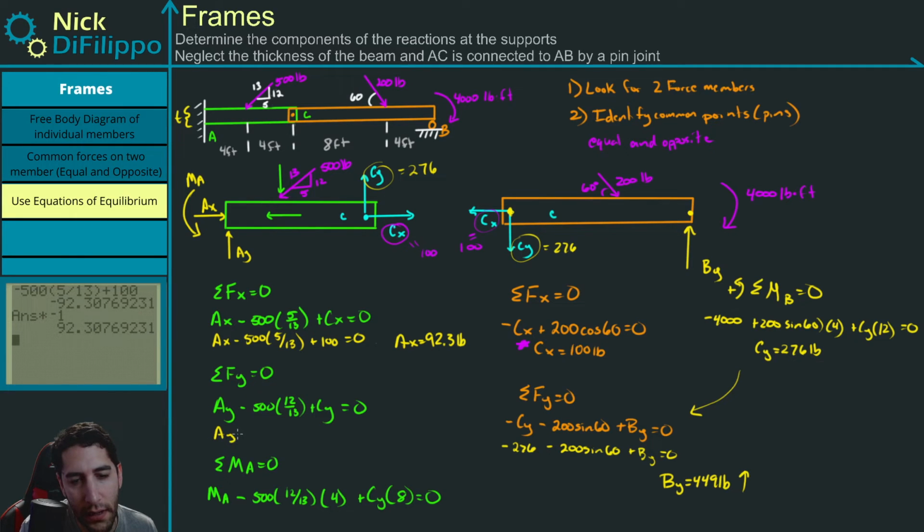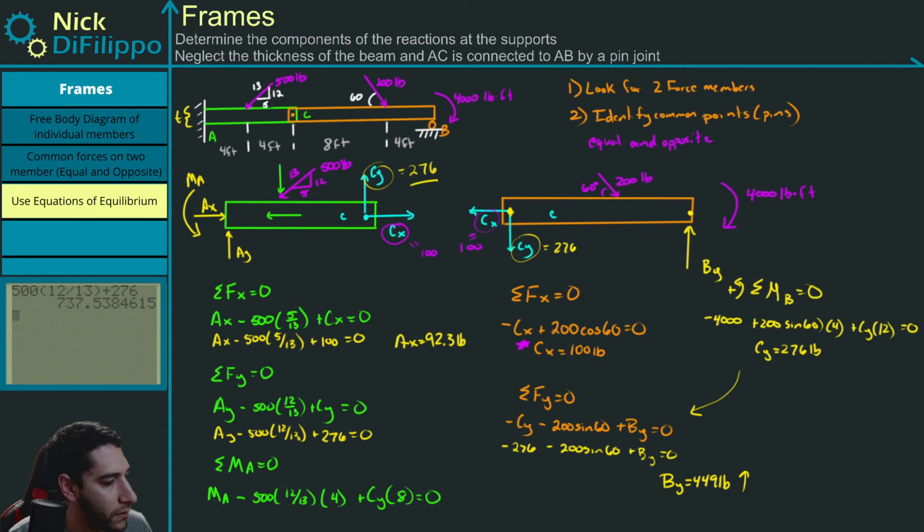So AY is going to be this minus 500 times 12 over 13 plus what's AY? 276. That's equal to 0. Bring it to the other side.